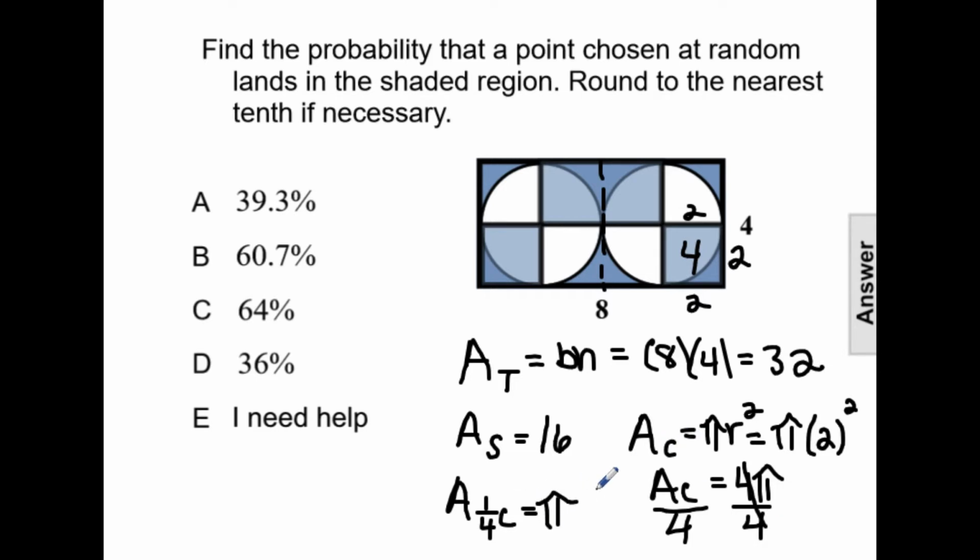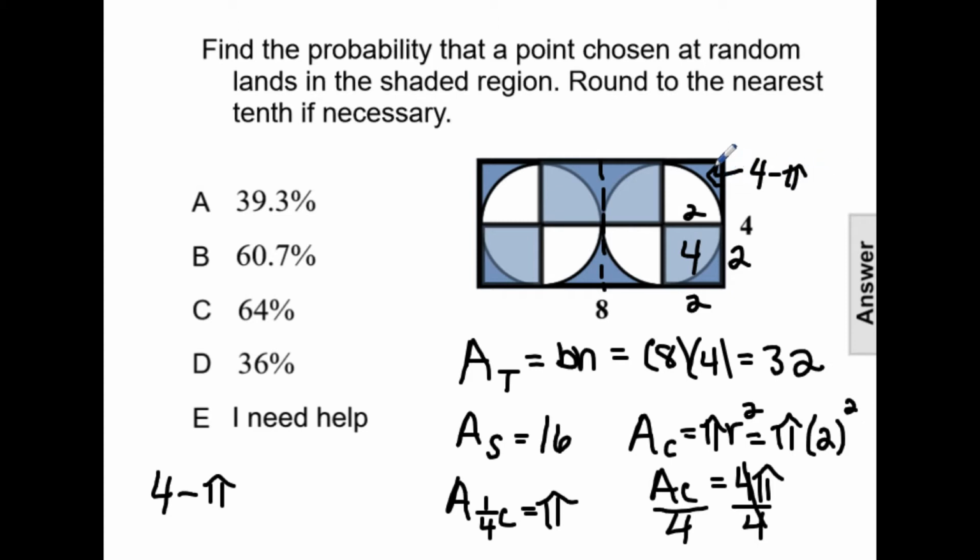So now we have the area of the little square is 4 minus the area of the quarter circle, which is minus pi. So we have 4 minus pi representing this shaded region here.